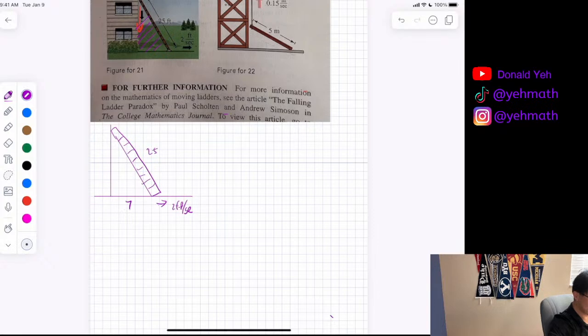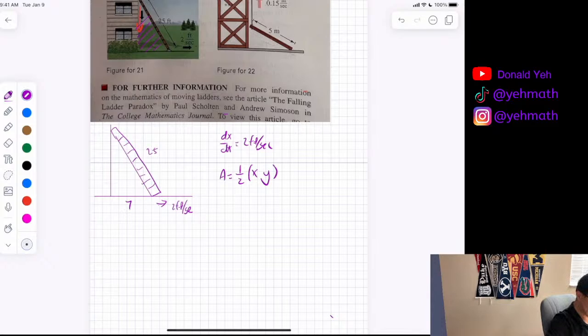For the area of the triangle, we know that dx dt is equal to 2 feet per second. We also know the area is equal to 1/2 base times height, which in this case is x times y. Is that okay?